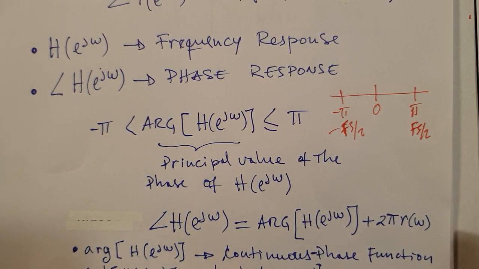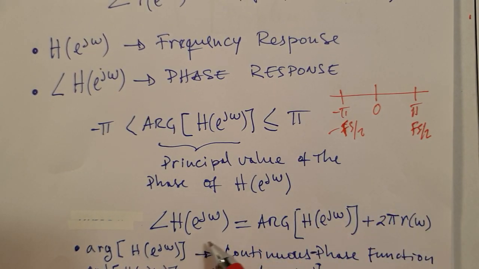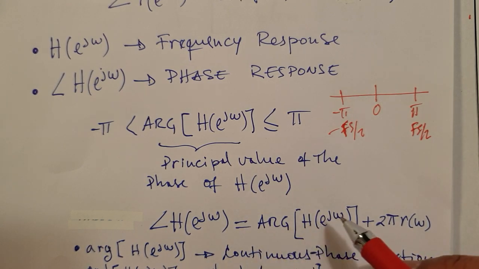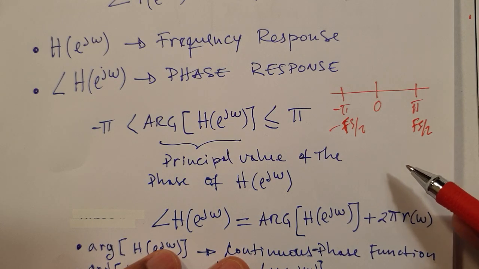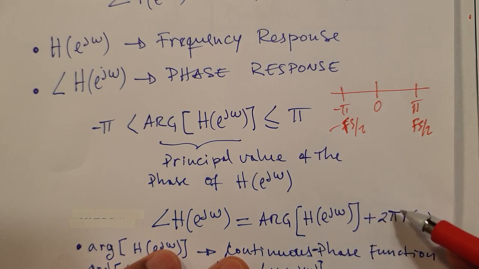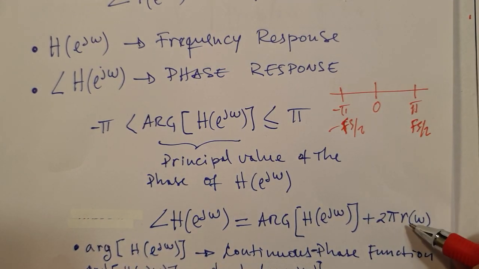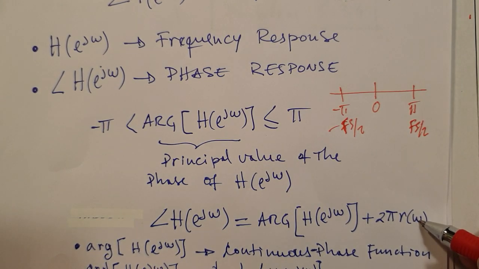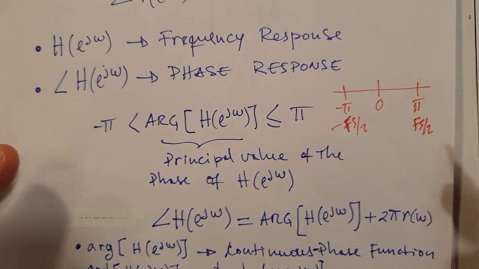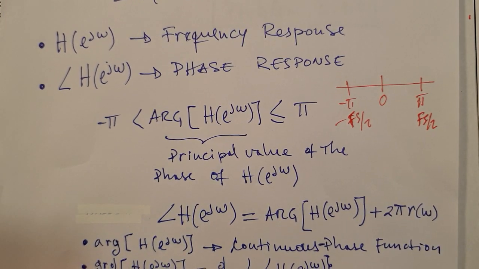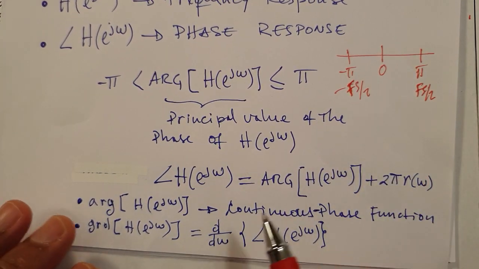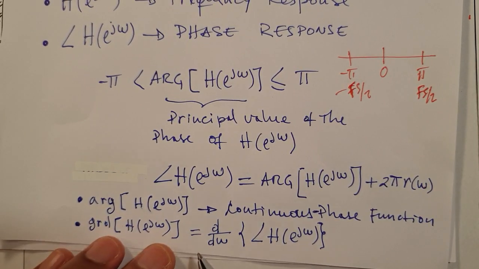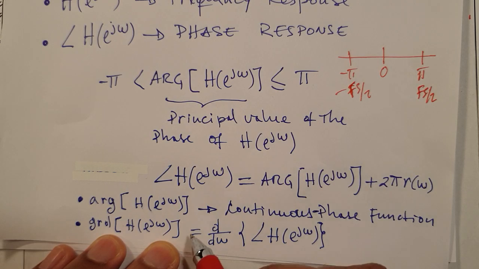Also, if we are looking for the actual angle, it's then this principal value plus or minus some constant, which can be frequency dependent, multiplied by 2 pi. But one important thing that we are looking at is the group delay.